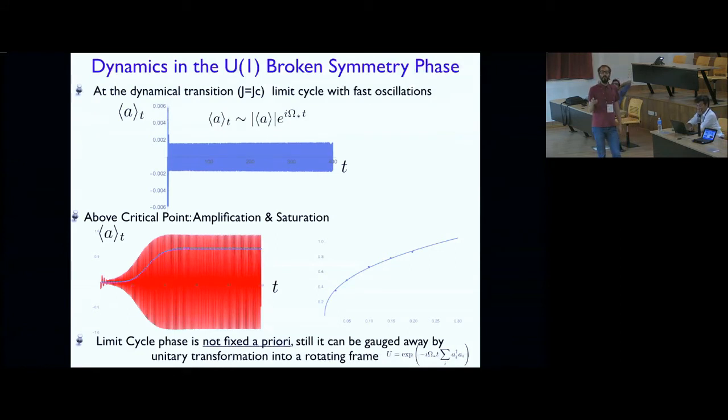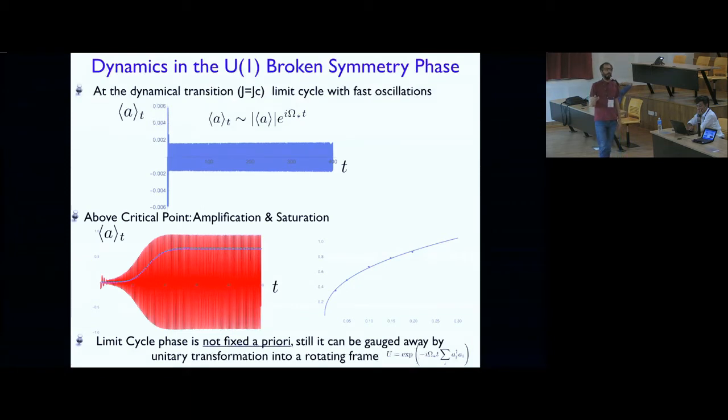If you further increase the hopping, you enter what we can call the non-equilibrium superfluid, a phase which has an amplitude of coherence different from zero, and oscillation. You see amplification which is eventually saturated, so you can extract a long-time average value of this order parameter, and you see that as a function of distance from the critical point, it goes to 0, as you expect at the phase transition.